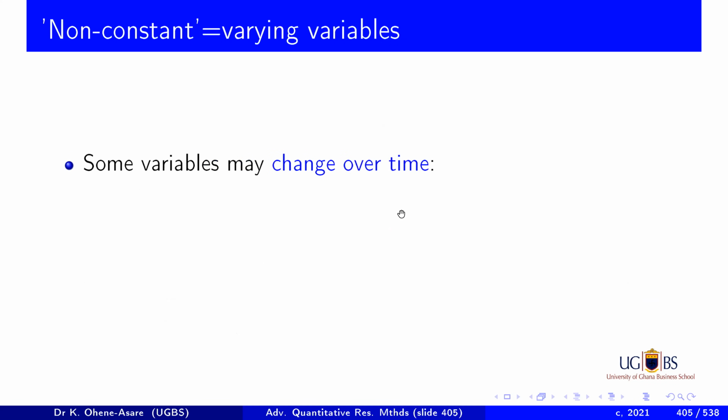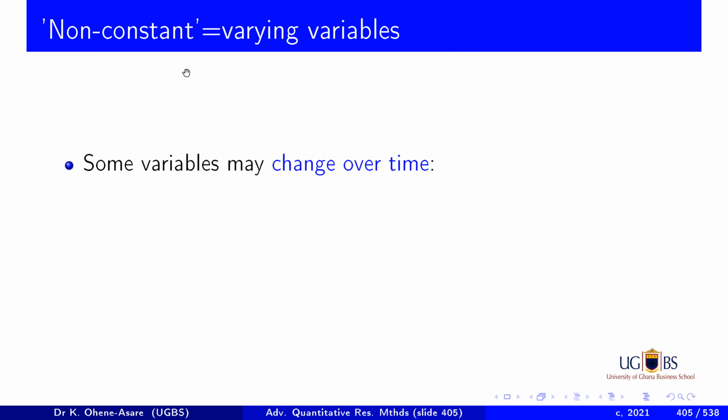So how do we proceed? Well, before we proceed, there are important things you need to know. One, there are some variables in the panel data called varying variables. Please note the word: non-constant variables. They are varying, they are not constant, they are not fixed.